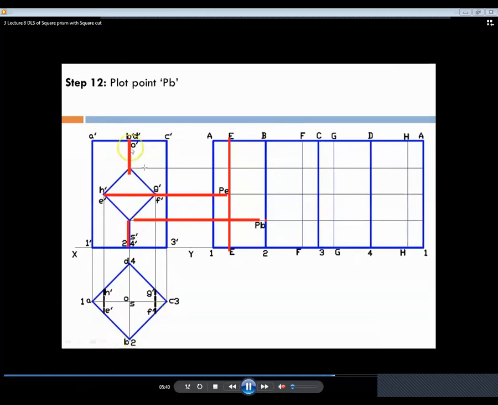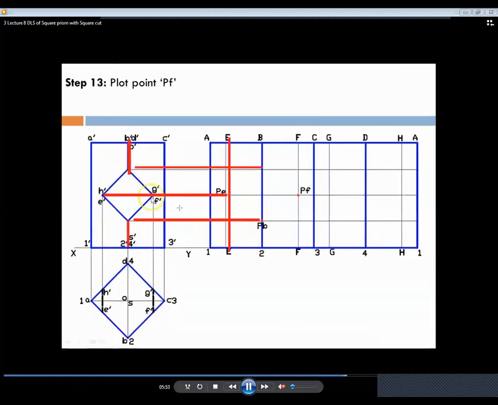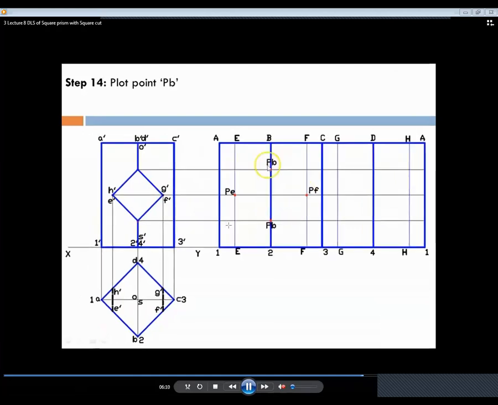The same way this point also you will get, one more point on the B line, and the F point you will get on the F line. Just match the points E dash, F dash, G dash, H dash on the respective capital letter lines, PE, PB, PF and PB.